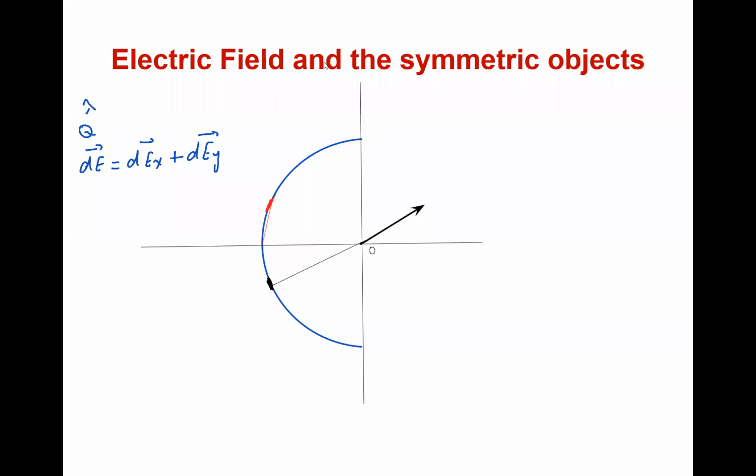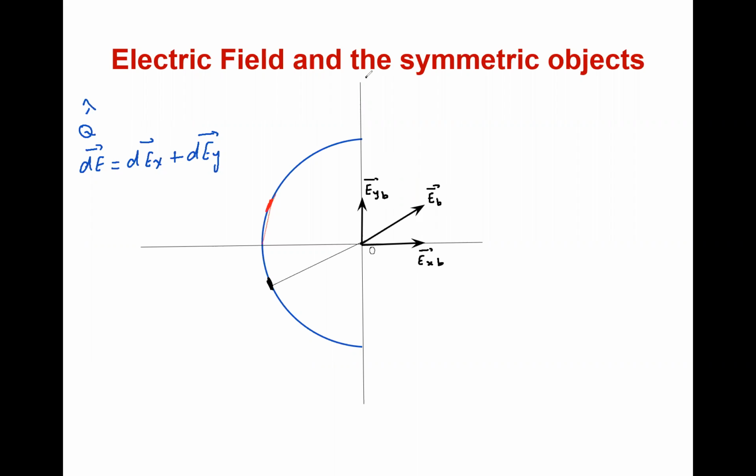So this field has two components, EX and EY. Here we have E black, with EY black and EX black.